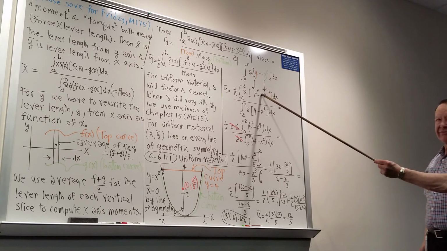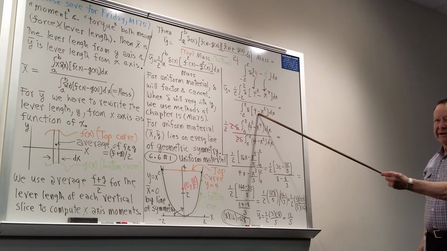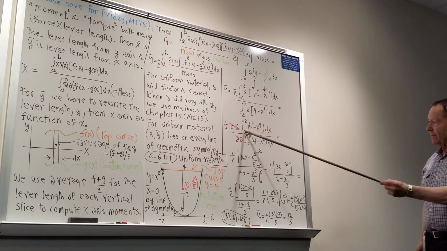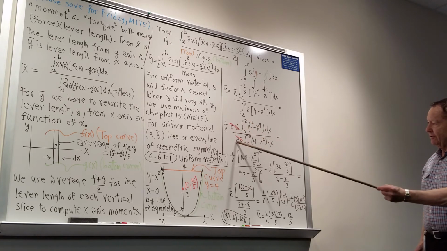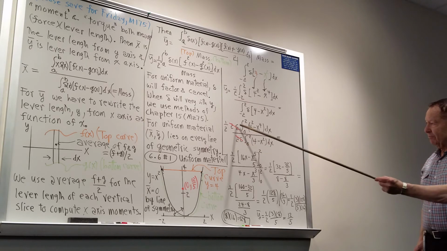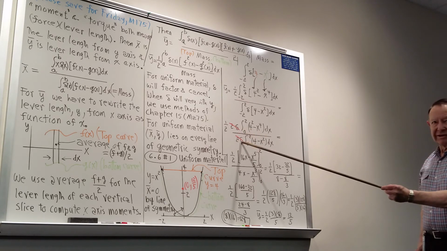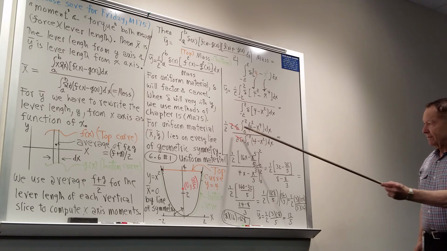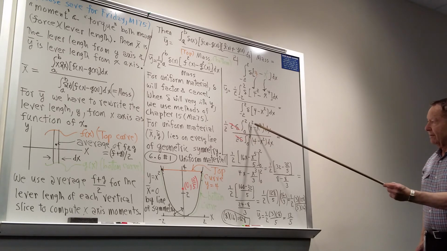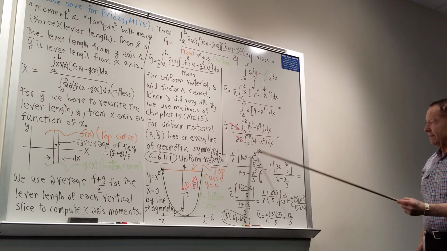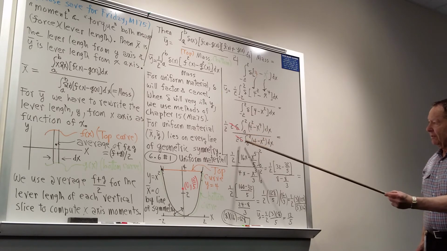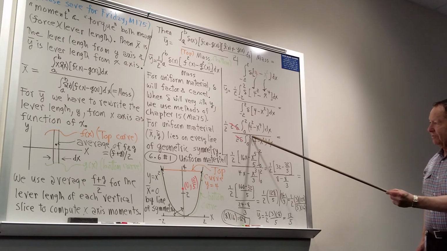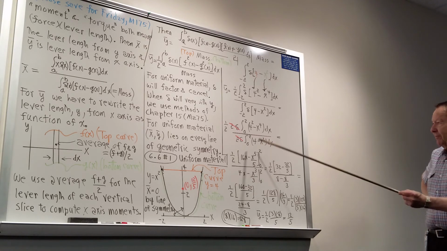Well, I have an even function here and I have one down here. So for both of them, I change the limits to 0 to 2, bring out a 2, which cancels. I brought out the constant delta that cancels. So I have a half of 16 minus x fourth to integrate from 0 to 2, divided by the integral from 0 to 2 of 4 minus x squared.